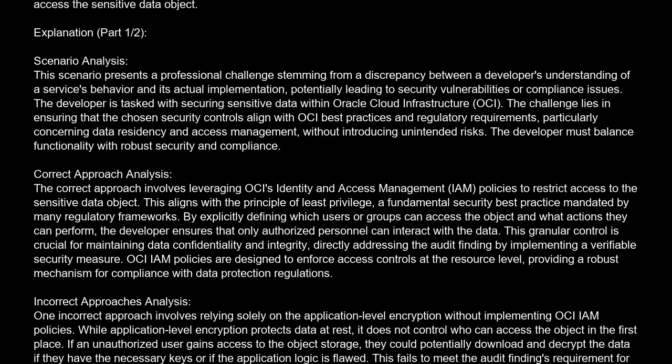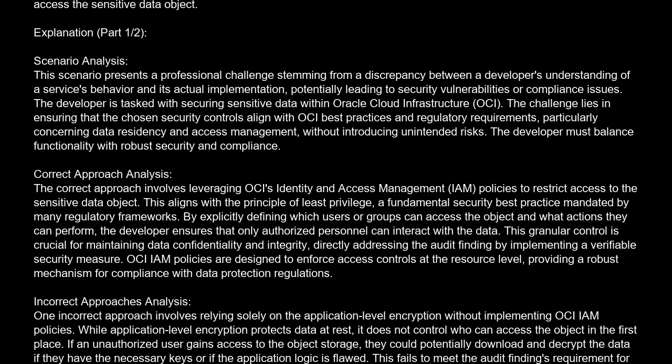Correct approach analysis. The correct approach involves leveraging OCI's identity and access management (IAM) policies to restrict access to the sensitive data object. This aligns with the principle of least privilege, a fundamental security best practice mandated by many regulatory frameworks. By explicitly defining which users or groups can access the object and what actions they can perform, the developer ensures that only authorized personnel can interact with the data.